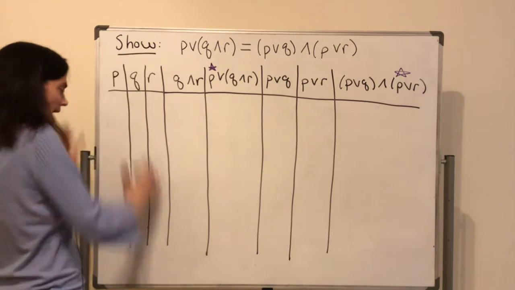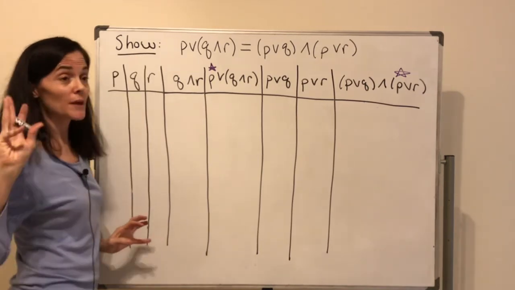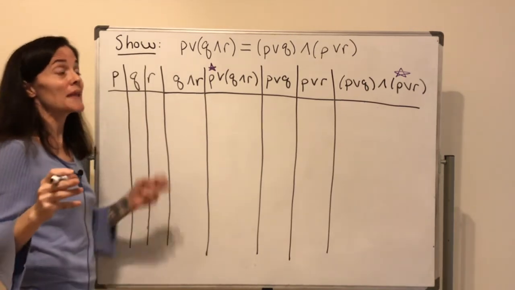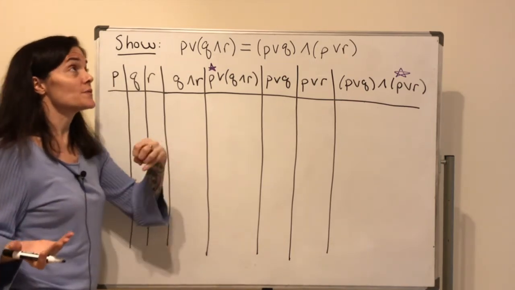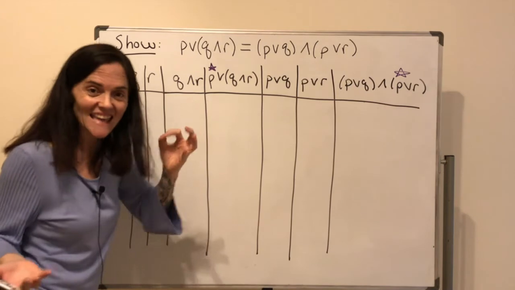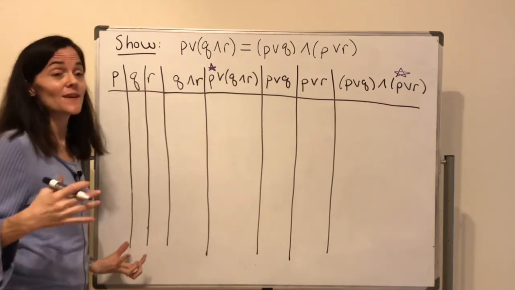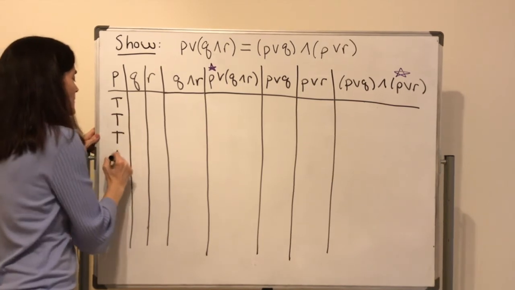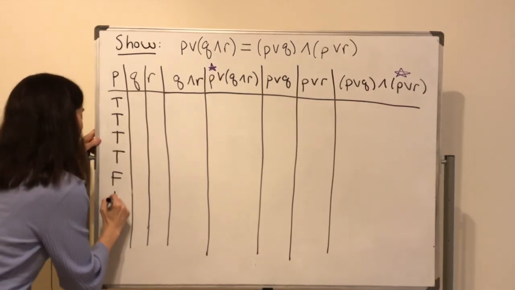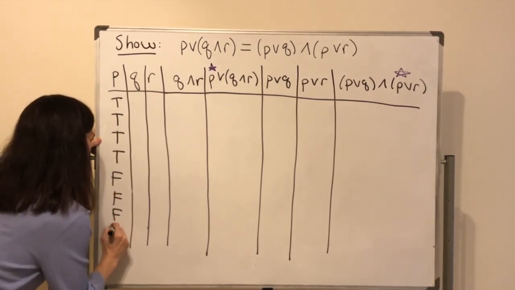Now, we have, you see, 3 input variables. Each one can be true or false. Well, we will have 2 to the 3, which is 8 possibilities for inputs here. So, half of them here will be true, and half of them will be false.